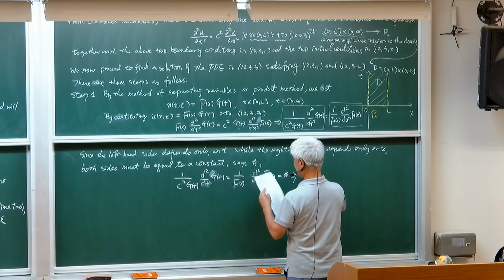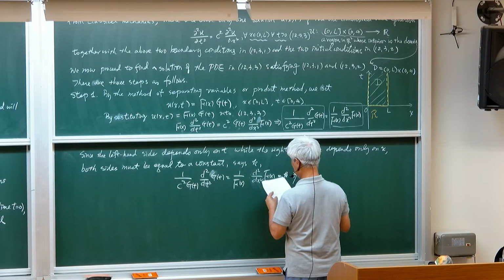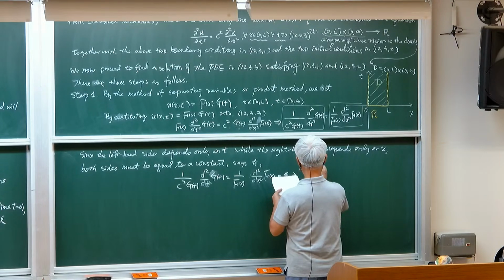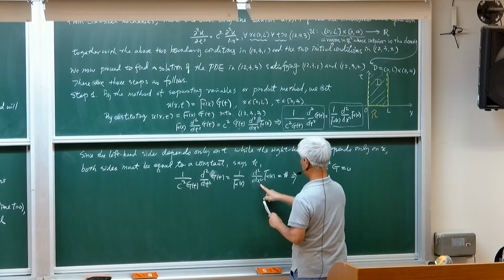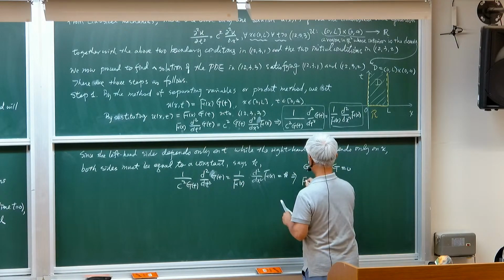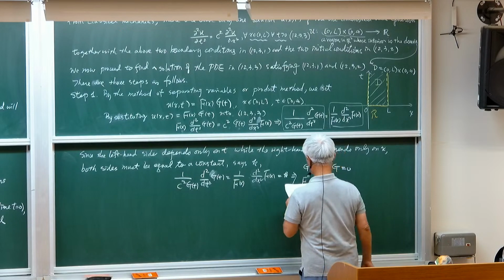We have g double prime minus k c squared g equal to 0, the first equation, and for the second equation we have f double prime minus k f of x equals 0.